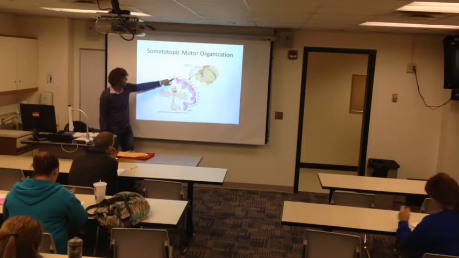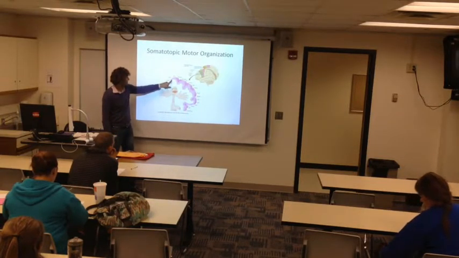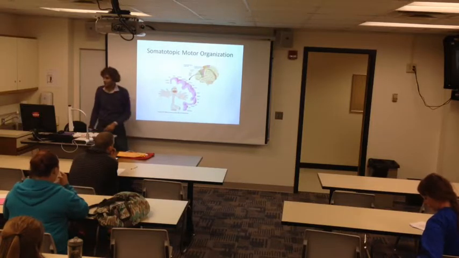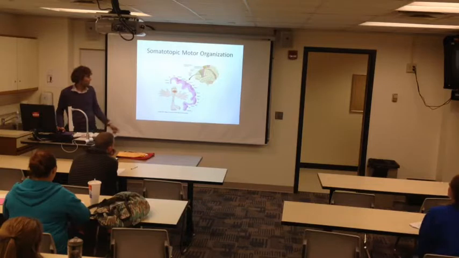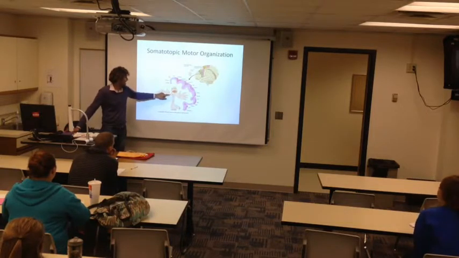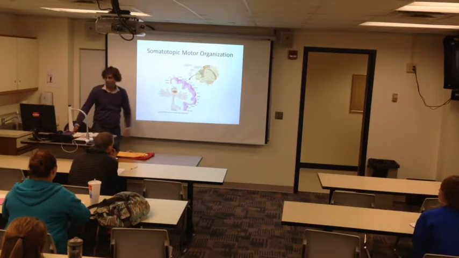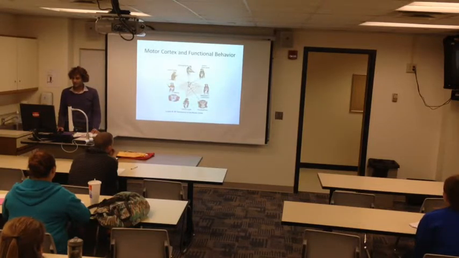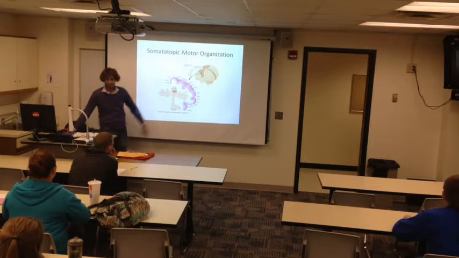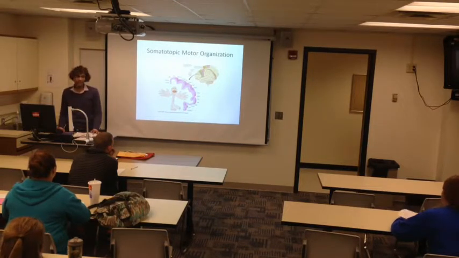And the leg, you can see, is not very much, but the toes are proportionally larger. So again, areas that are motorically important, large distribution on the cortex. Areas that are not motorically important, relatively small distribution. And that distribution is based on moving the body parts and not based on muscles.